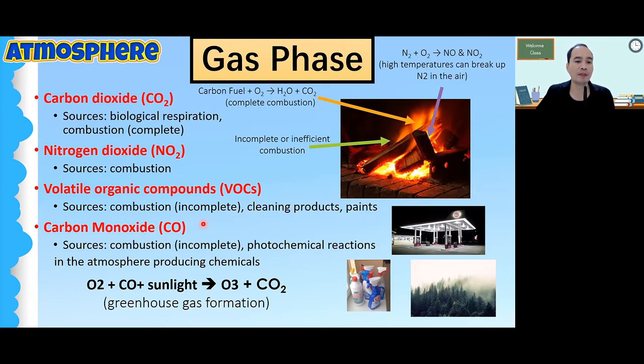And also your carbon monoxide, which can be found in your incomplete combustion, as well as your photochemical reactions. So this is your example of a photochemical reaction, wherein your oxygen combined with your carbon monoxide and combined with your sunlight will produce your ozone and your carbon dioxide.